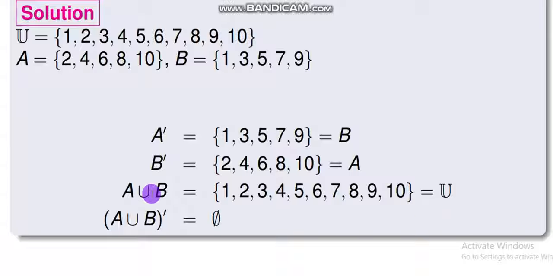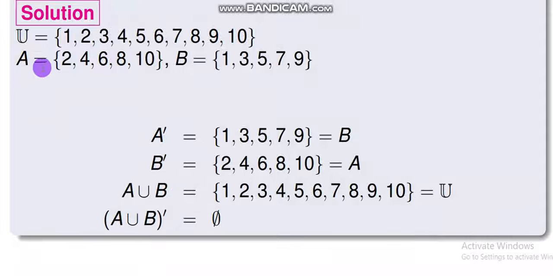Now if you want to get the complement of A union B, you see open bracket, close bracket, you put this together, and you want to get the complement of this, meaning all the elements that are in the universal set but are not in A union B, and A union B is exactly what you have here.